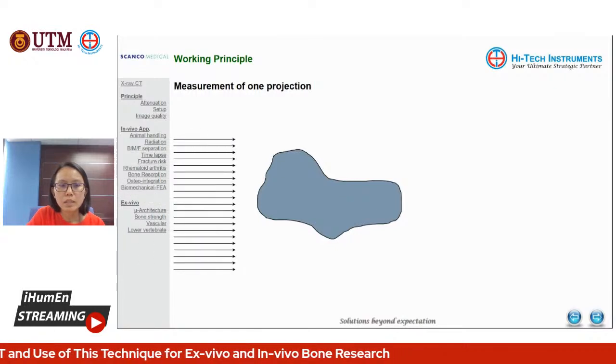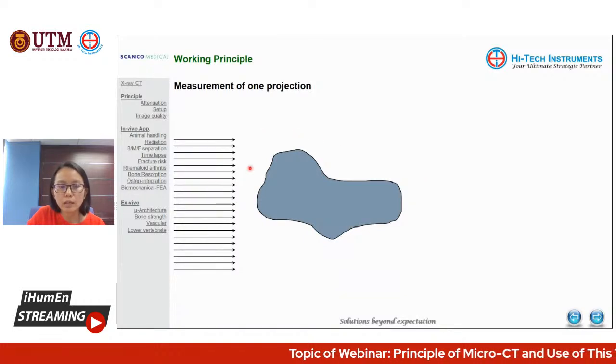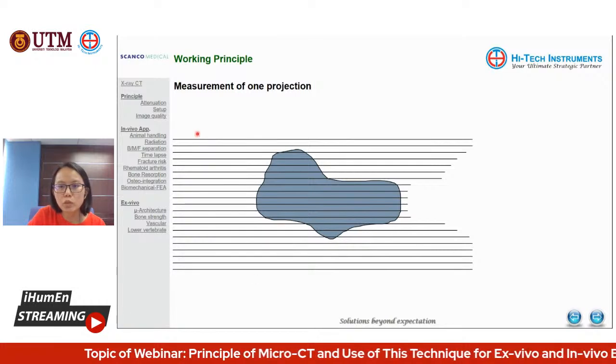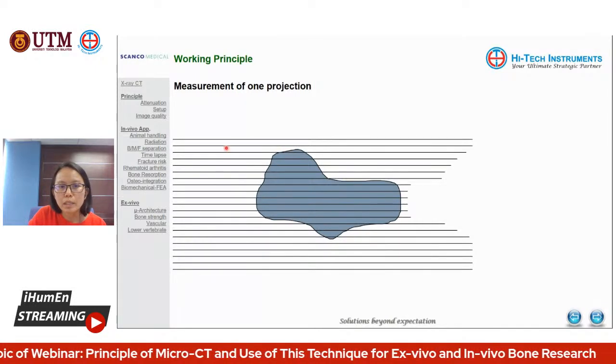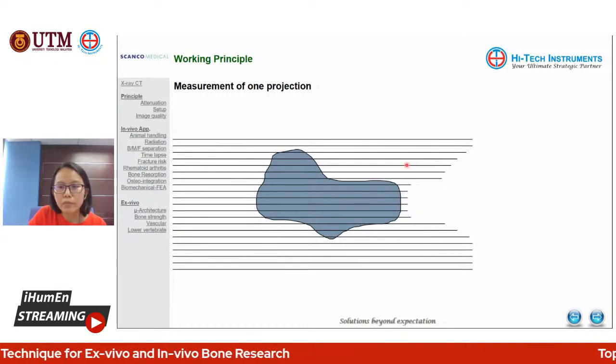And this one is just a simple animation. As you can see here, this is the X-ray beam. This is the material with different thickness. As the incident beam travels through an object, when it travels through a thicker and denser area here, you can see there are fewer X-rays surviving.